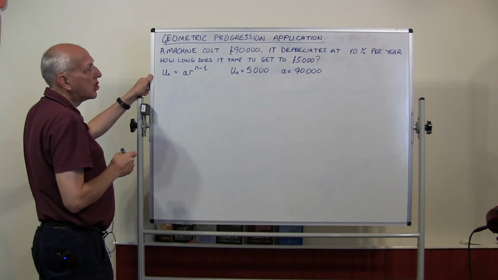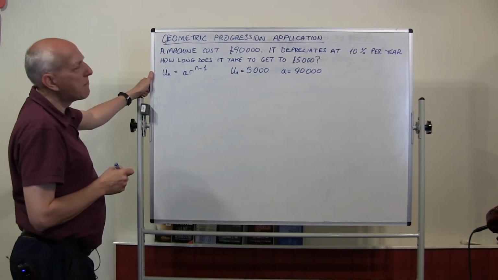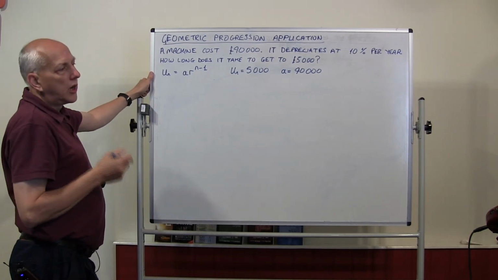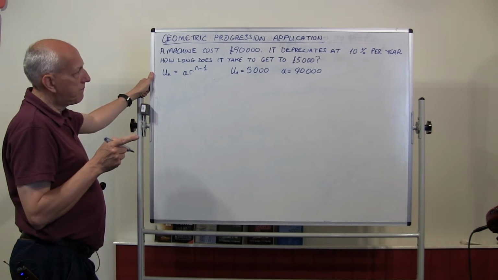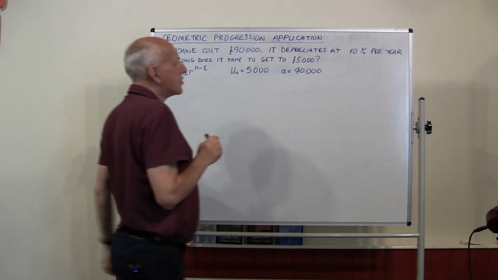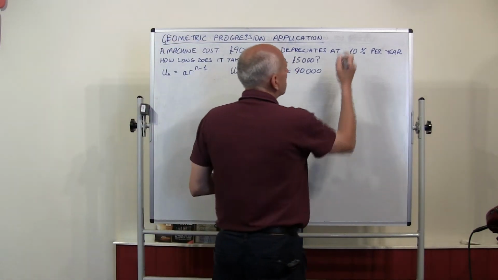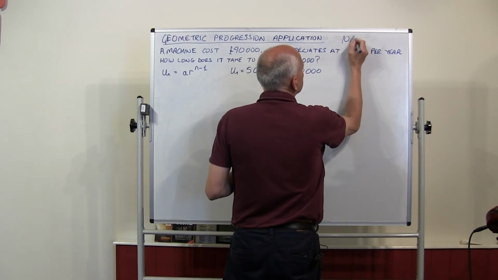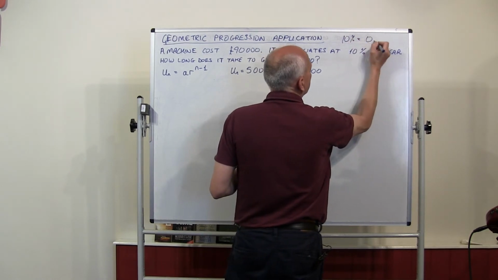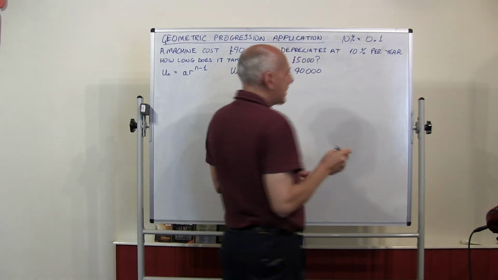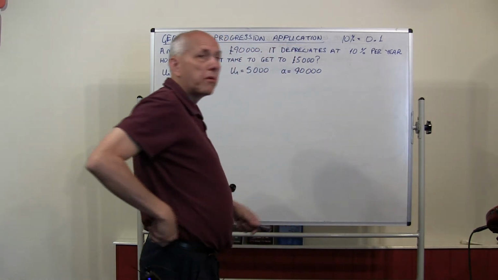A common ratio. Now, what is a common ratio? What's 10% as a common ratio? And also, it's depreciating. You might immediately recognise that 10% is equal to 0.1, like a half is 0.5 and so on.